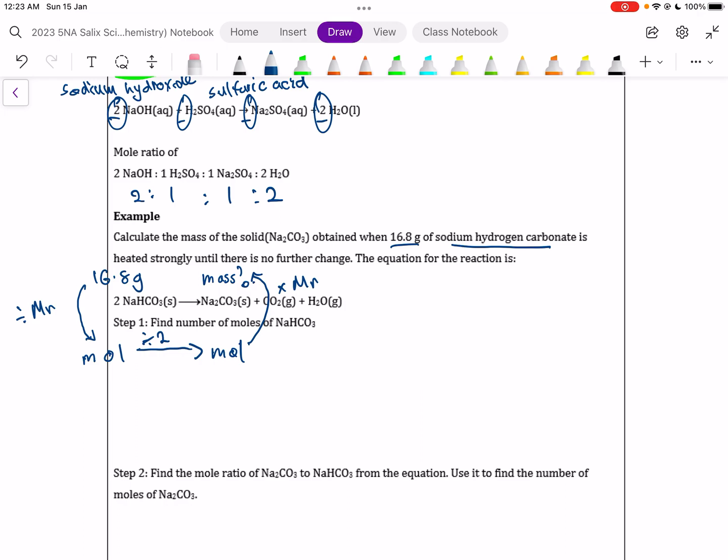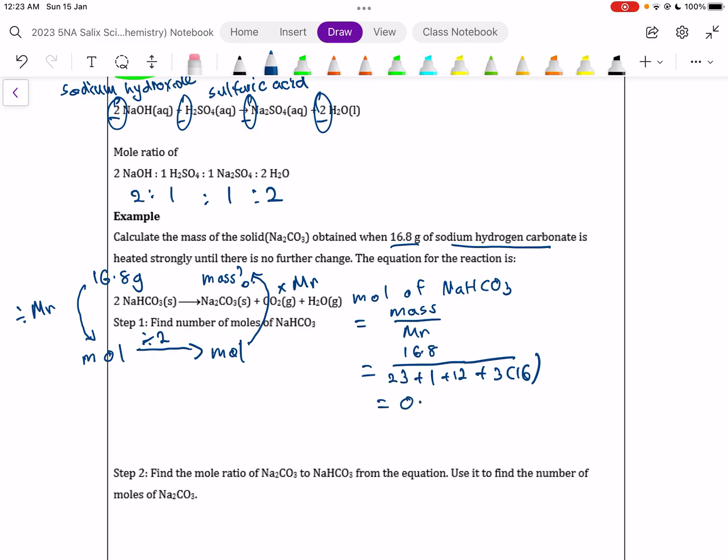First thing first is to find the number of mole of the sodium hydrogen carbonate by taking mass over Mr. Mr you have to check out the periodic table. So this is 16.8 grams, sodium is 23, hydrogen is 1, carbon is 12, plus 3 times 16. That will give us 0.2 mole.